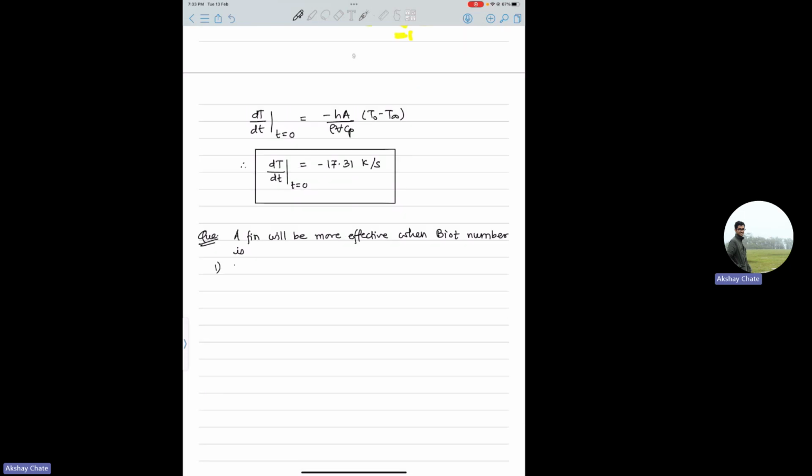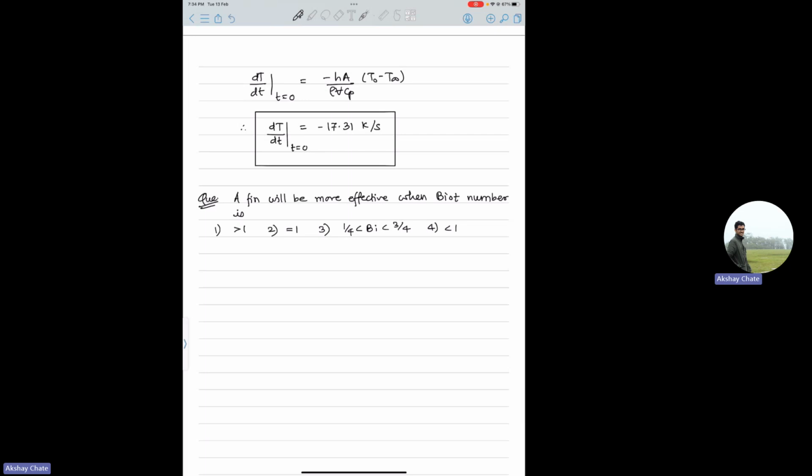The first option was greater than 1, the second option was equal to 1, the third option was between this range, and the fourth option was less than 1. Prima facie it looks like an absurd question, and we don't understand why this is related to the fin. So basically you should follow this line of answering.